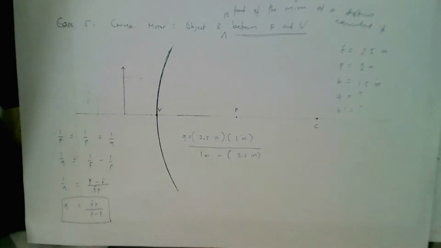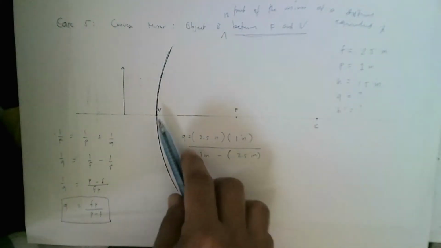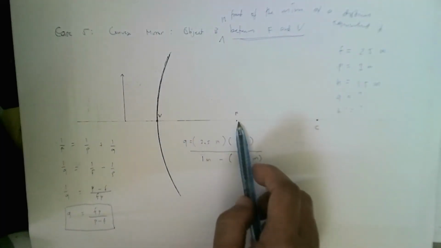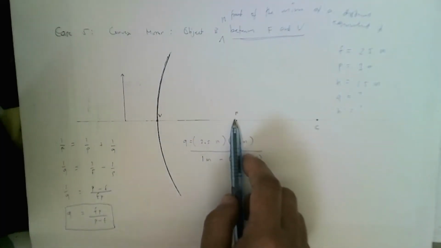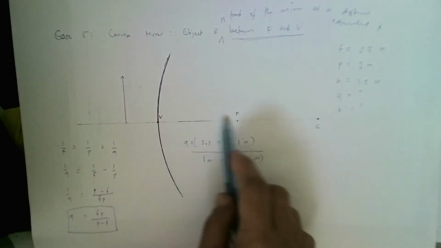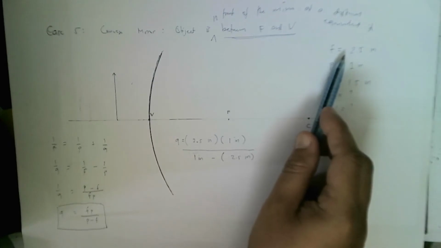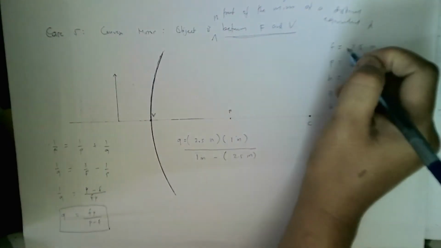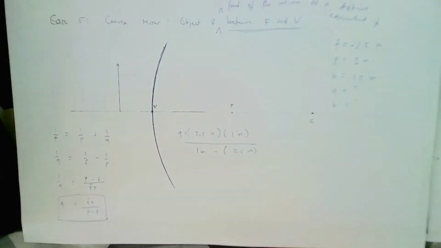Okay? What that means is because the F is inside the mirror for a convex mirror, so that's not the normal distance. So therefore, the focus is not 2.5. It is negative 2.5 inches.